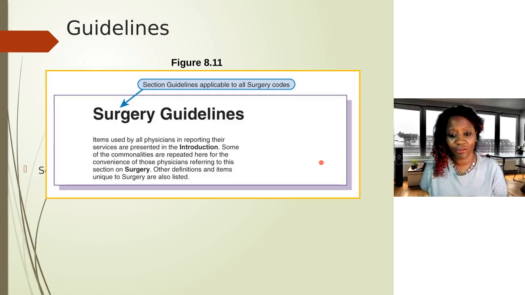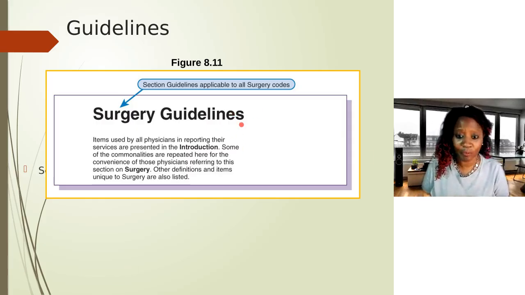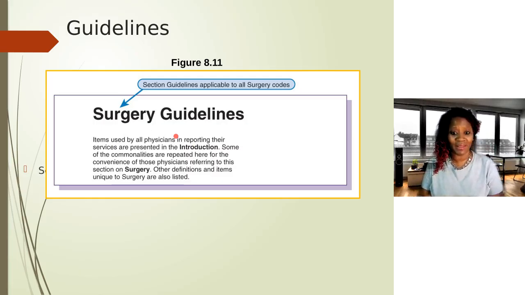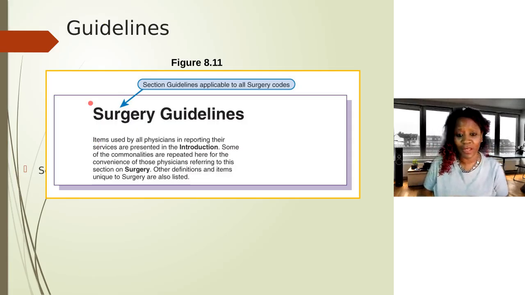The next section is the guidelines. So each area of your CPT manual is going to have guidelines in it. And in those guidelines, it's going to tell you how to use the codes in that section of your CPT manual. So here's an example of surgery guidelines. So you'll have guidelines at the very beginning of the section, and then you'll also have guidelines that are within the surgery section.